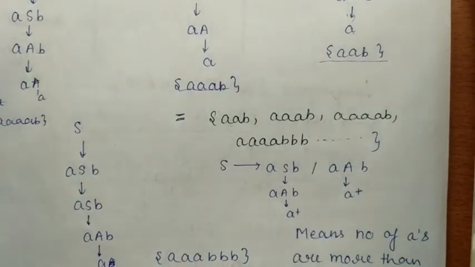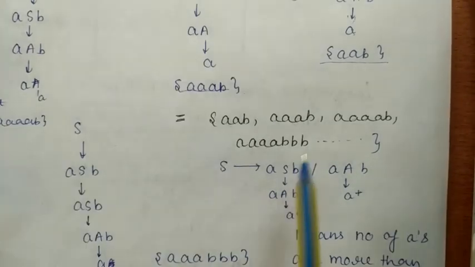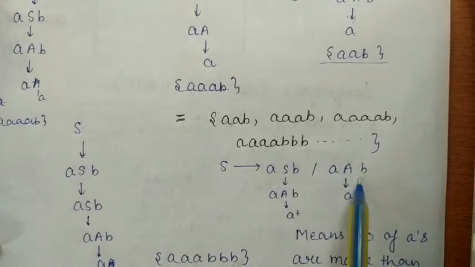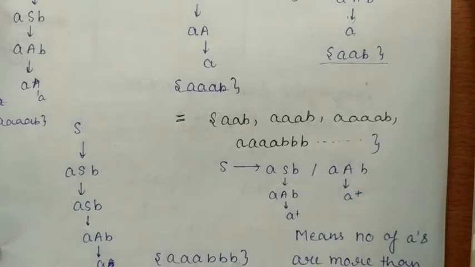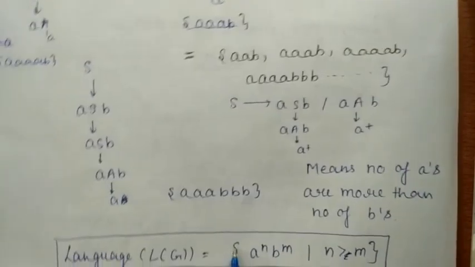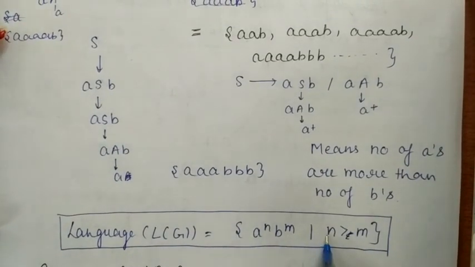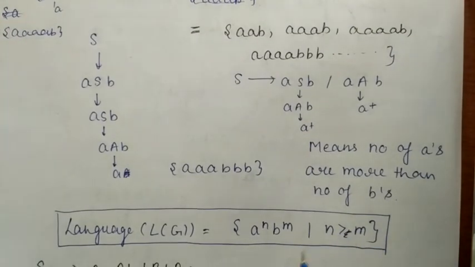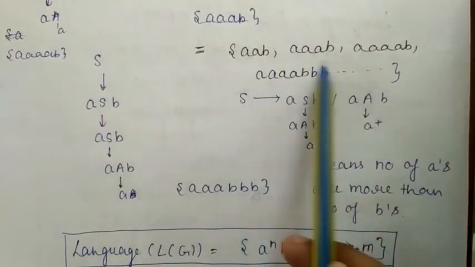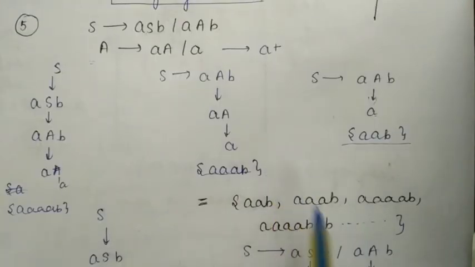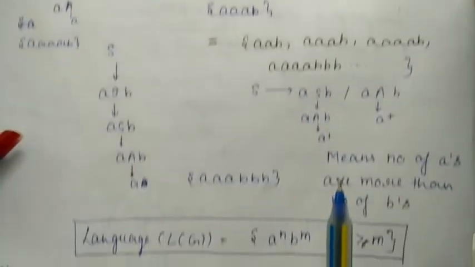So whatever string we generate, we have more A's, because this is the production for A plus and there will be only one B. So the language will be A to the power n and B to the power m, where n is greater than m, because we always have more A's than B's in the string.